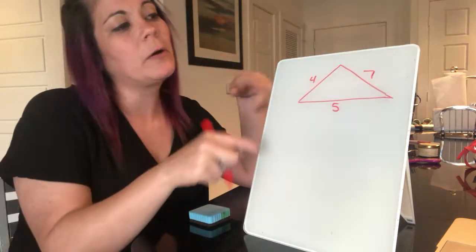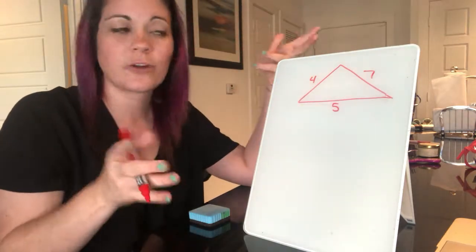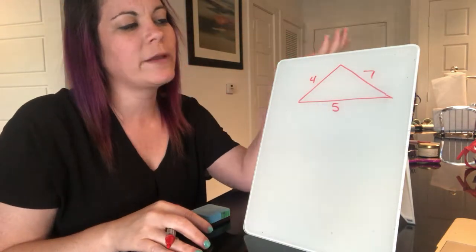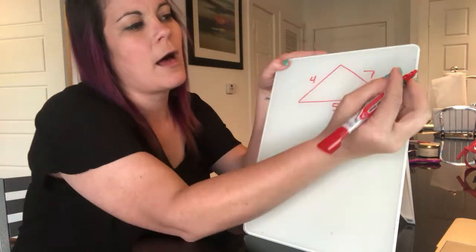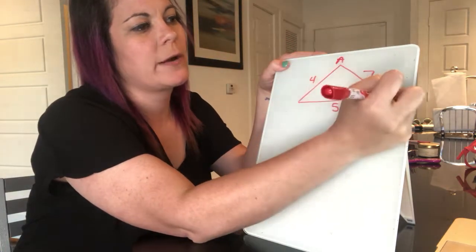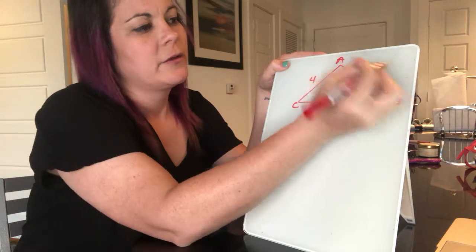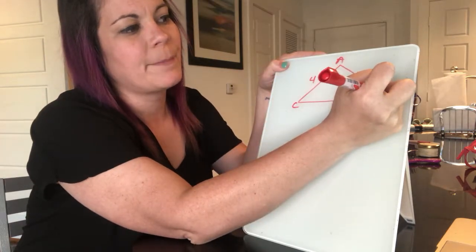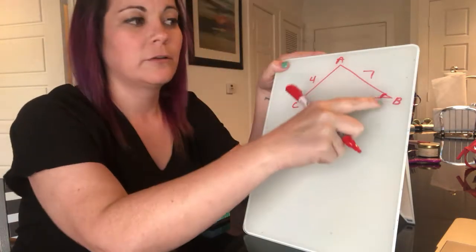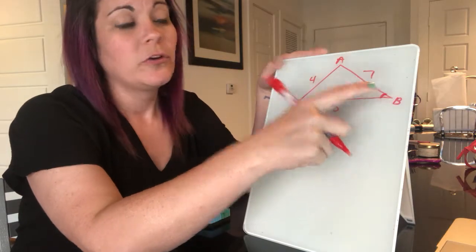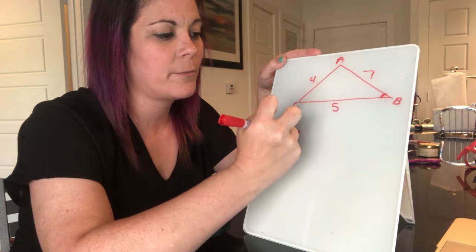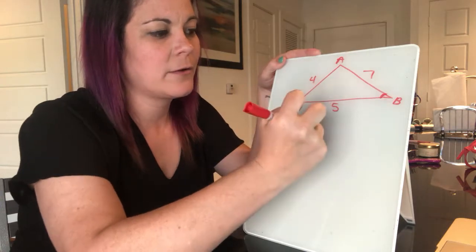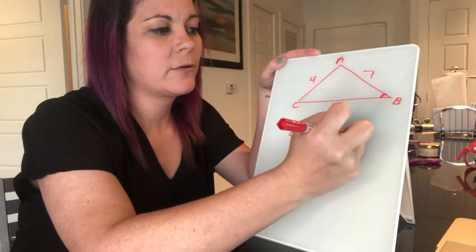This can make a triangle because 4 plus 5 is 9 and 9 is greater than 7. So what this is saying is that the shorter side is always opposite, I'm going to name this triangle ABC, the smallest angle too. So in this case, if I wanted to list the angles from least to greatest, it would be angle B, then angle A, and then angle C.